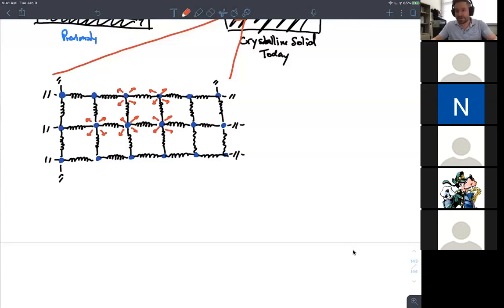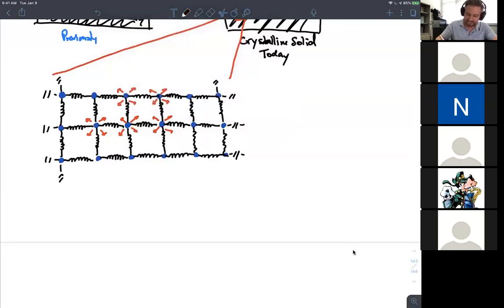Another way to put it is they're balls that are connected by springs, and these balls connected to springs are jiggling. What does that remind you of? That is what you have studied since your very first physics class.